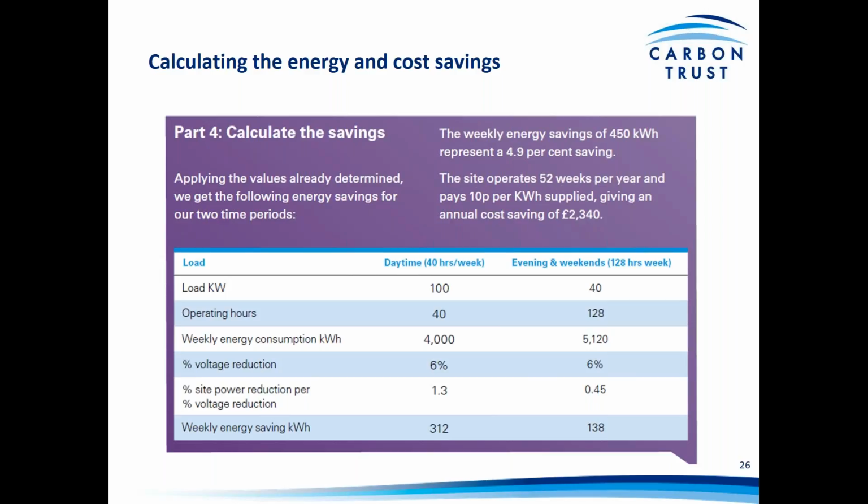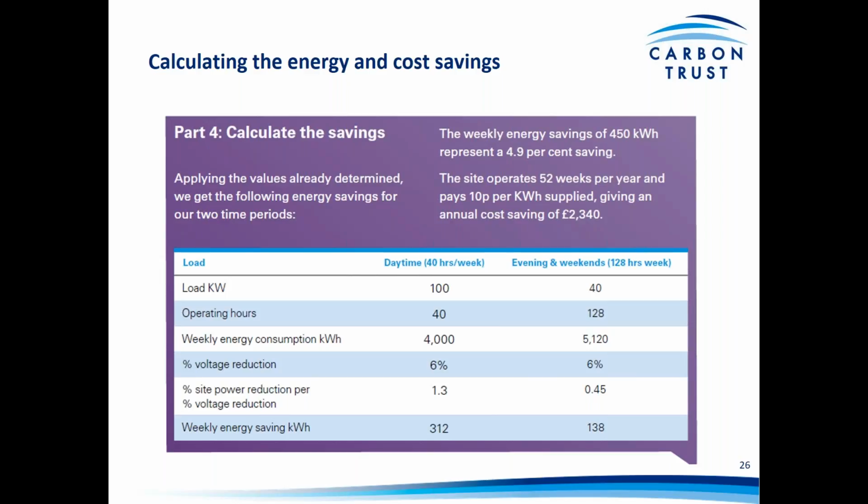Using the information that we've run through on the three previous slides, we can now calculate the projected energy savings from voltage management. On the slide, the way we do this is that for each time period, we multiply the load in kilowatts by the length of the time period by the percentage voltage reduction by the percentage power reduction per percentage voltage reduction.